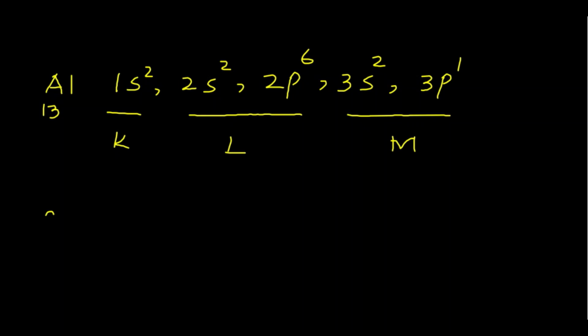Now what should we do? We write down the value of n for these shells. The n value is 1 for K shell, 2 for L shell and 3 for M shell.